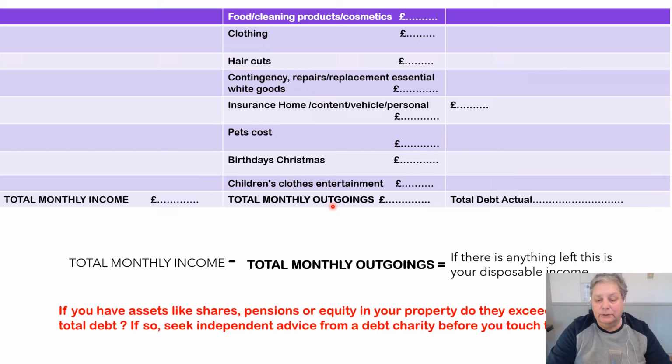All those things add up, and that's your total monthly outgoings, and that's your total actual debt. So then you go to simple maths, your total monthly income against your total monthly outgoings. If there is anything left, that's your disposable income.